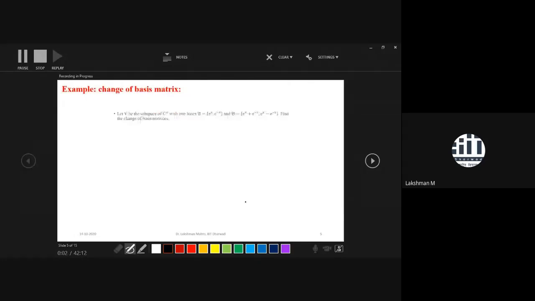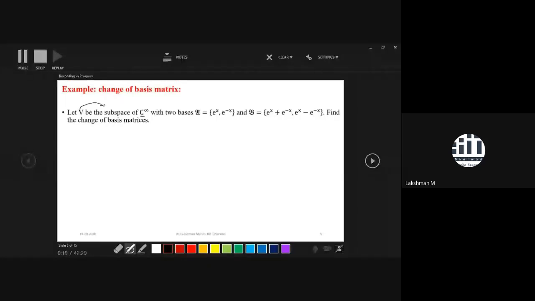So I was discussing a few examples in the last class. I could not complete this example in the last class, so I have to complete it today. Here, V is a subspace of C infinity, the space of smoothly continuous functions.